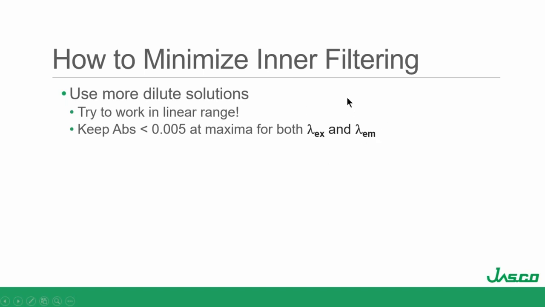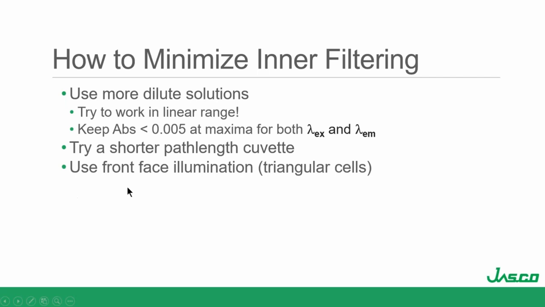So at those maxima, try to keep that absorbance low. You could try, if you can't control these things, what about a shorter path length cuvette, right? Either on the excitation and or the emission direction. And front face illumination, triangular cells can also be used.